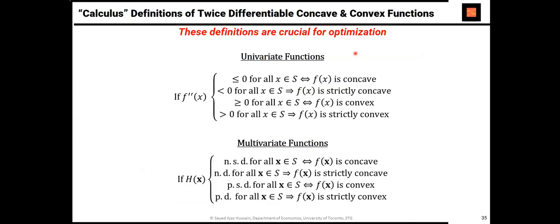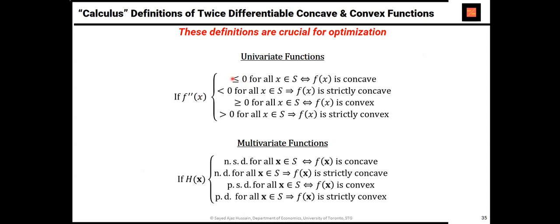Right here. So let's summarize. Using the univariate example as an illustration, you now know the calculus-based ways to characterize convex, concave, strictly concave, and strictly convex functions. Here's what we say. If the second derivative is always less than or equal to 0, that function is concave. And if you tell me the function is concave, the second derivative must be less than or equal to 0. What's the counterpart of this in many x's?